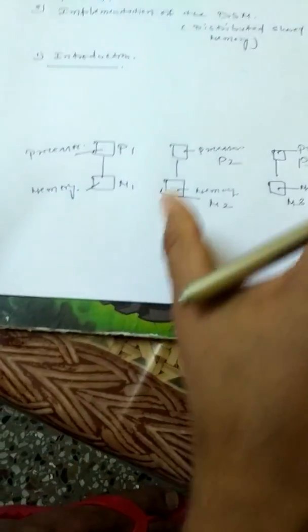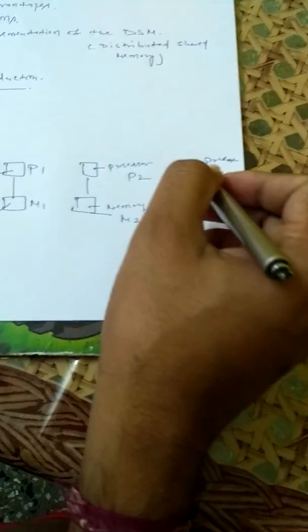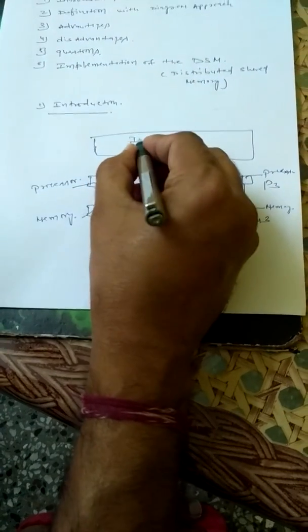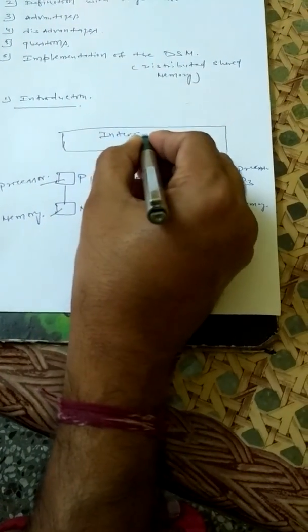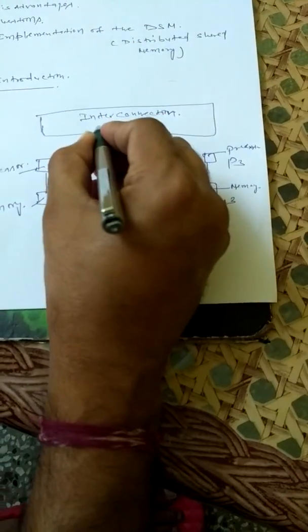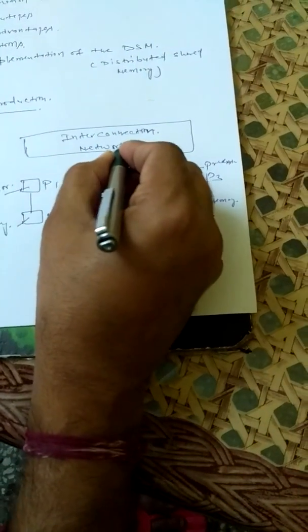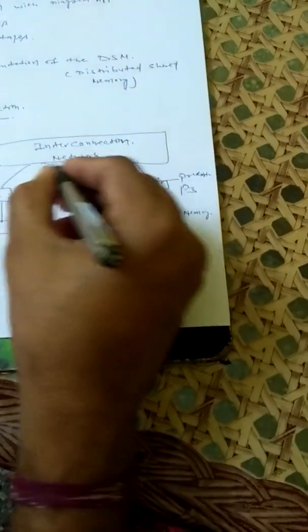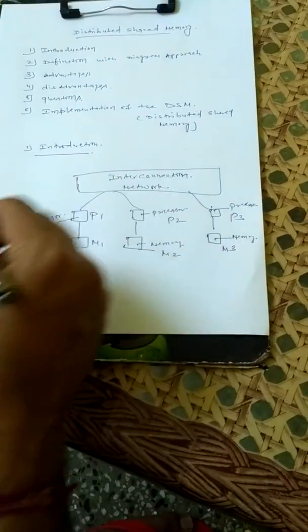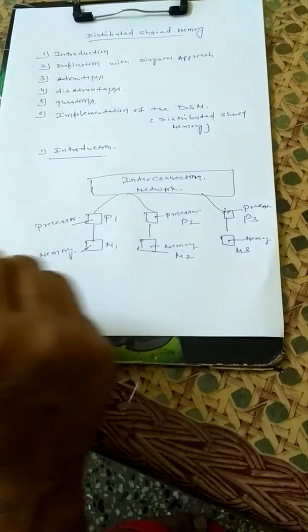So there are different computers. Means this is one computer, this is another computer, this is another. There are three different computers. And all the computers are connected through a single network, the interconnection network. So all the computers are on the same network.